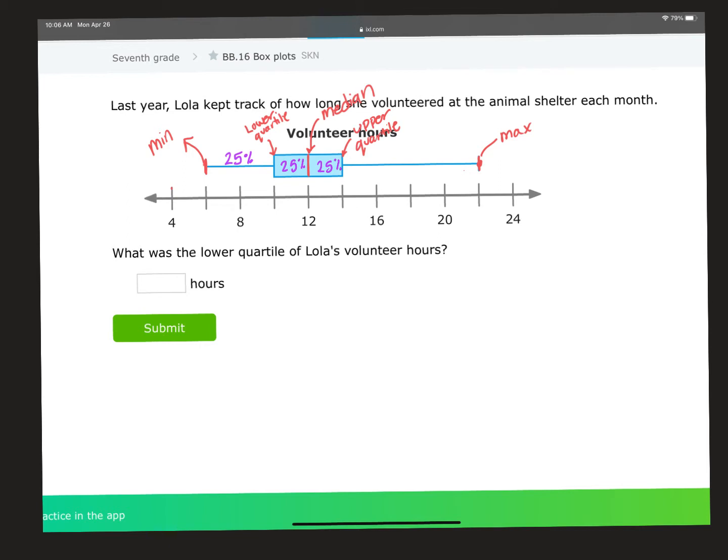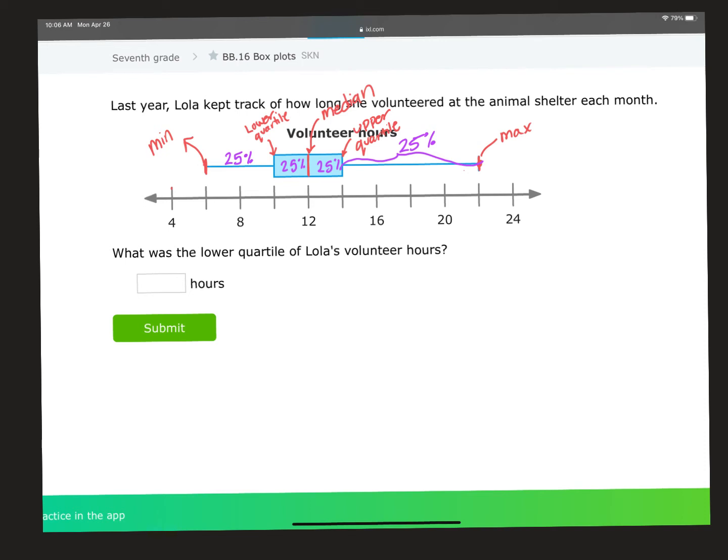And then between the upper quartile and the max, that's 25% as well. And if you think about the median, it actually makes sense because the median is in between the minimum and the maximum. The median is between the lower quartile and the upper quartile, and the median is right in between 50% and 50%. Median, upper quartile, lower quartile, maximum, minimum.